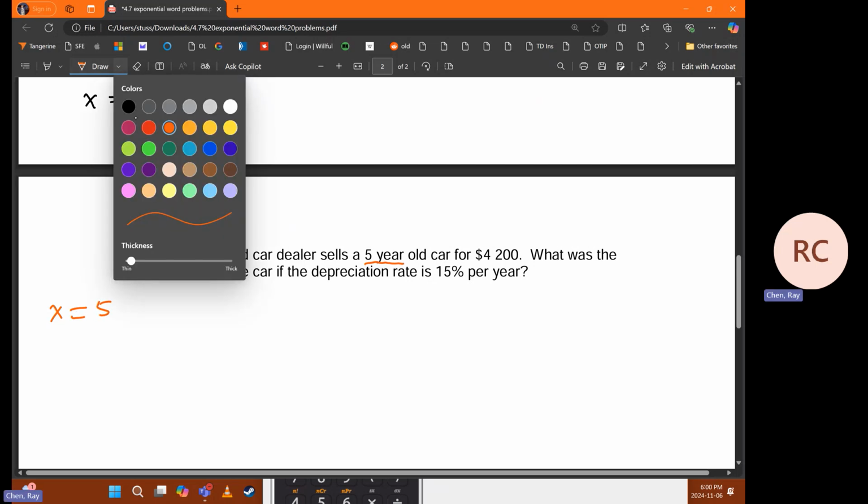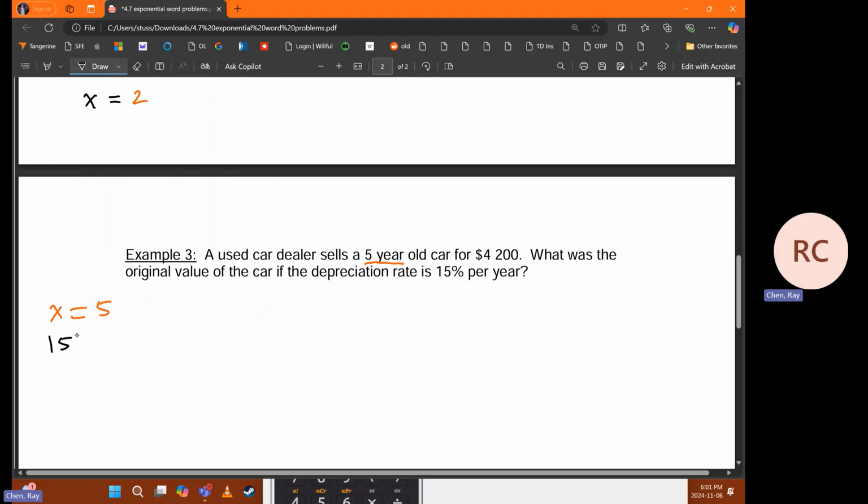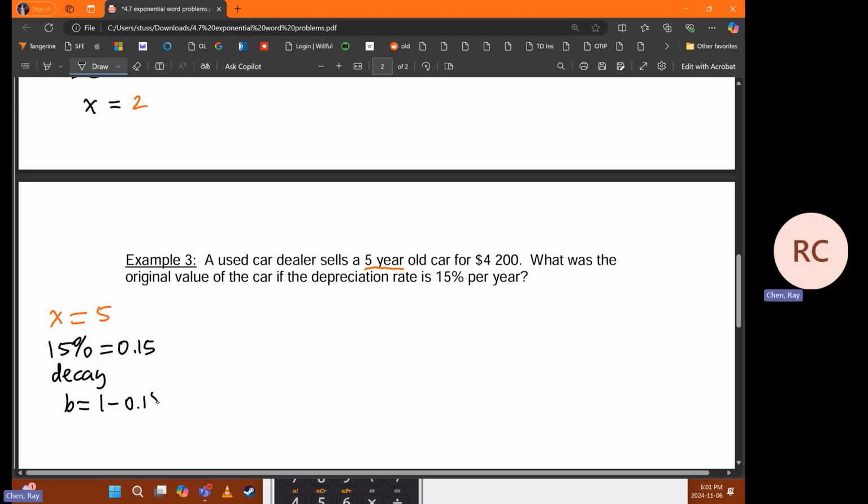Our depreciation rate is 15%, but it is going to be a decay. So 15% is 0.15. That means our B value is going to be 1 minus 0.15 because of the depreciation, which means B will be equal to 0.85.